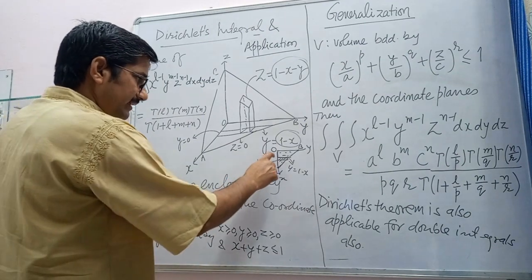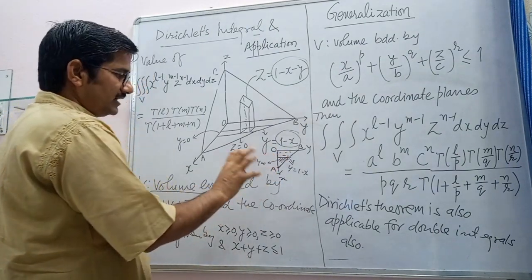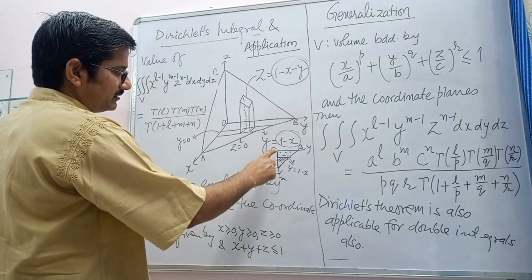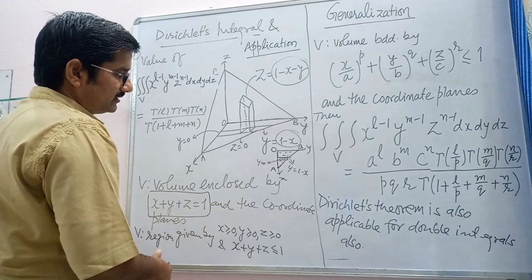To find the area of this triangle, we can use the double integral, because this elementary strip is perpendicular to the x-axis.